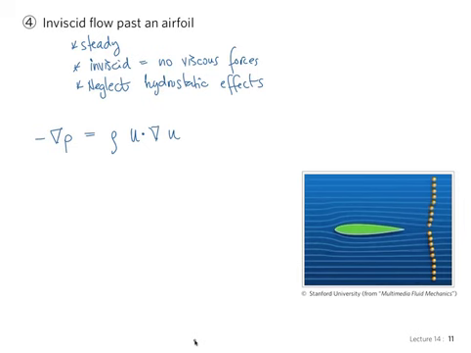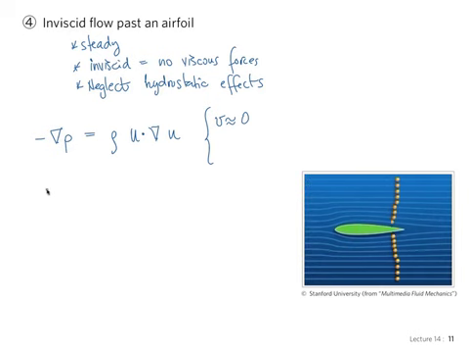So we're doing an approximation that the velocity in the y direction is almost 0. So you can sort of just look at the v component, but not entirely right.